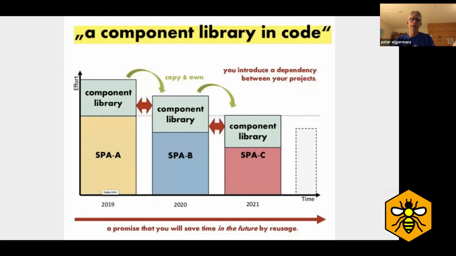A component library in code. You can also use component libraries, a UI component library I'm talking about here. Each micro frontend has its own UI component library, which contains input elements, bars, grids, everything you want to have standardized in your front end.